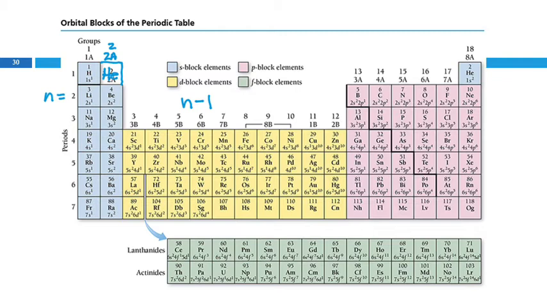And so the D block elements were n-1. These are n-2. So if you look at the periodic table here, the transition metals, don't they look like they sunk down from where they should be?